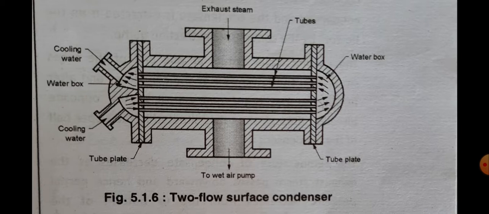Next, comparison, means difference between jet condenser and surface condenser, vacuum efficiency, condenser efficiency, Dalton's law of partial pressure, and sources of air leakage in condenser.